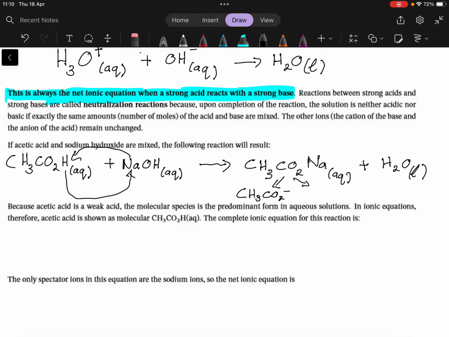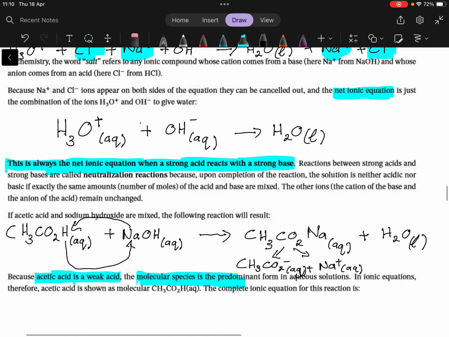CH3CO2 minus aqueous, plus sodium cations, aqueous. Now, since acetic acid is a weak acid, we use the molecular species on the left-hand side. So what did we do for HCl?